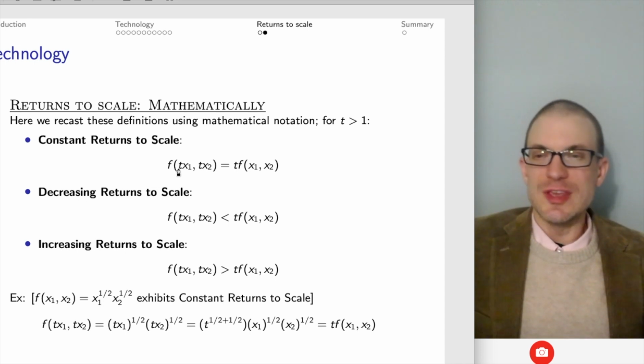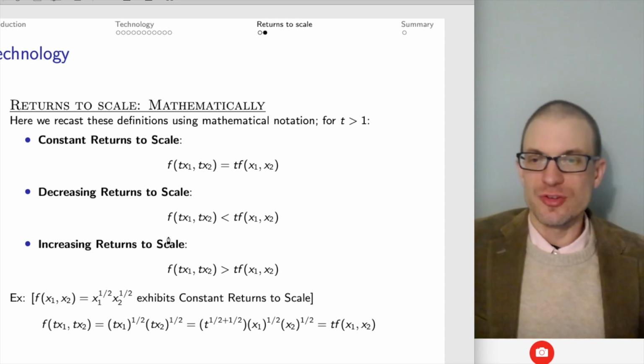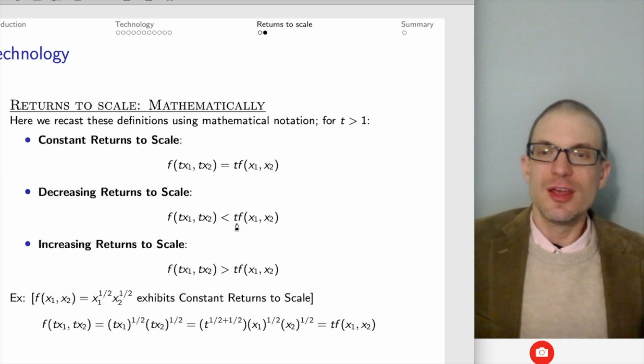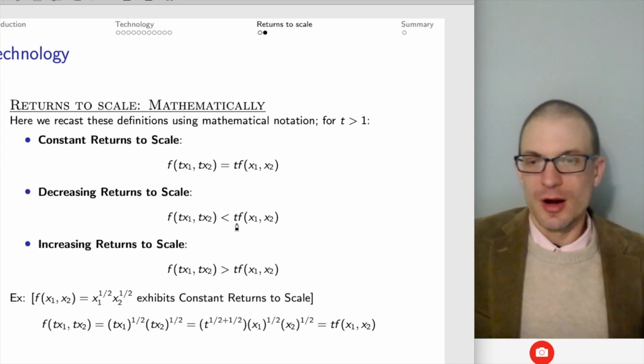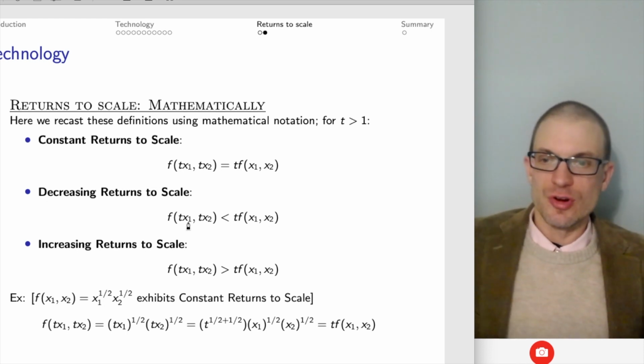You can think of t as like 2. So if we double the amount of inputs and take those as inputs into our production technology and get less than doubling our production, f(x1, x2), then we have decreasing returns to scale.